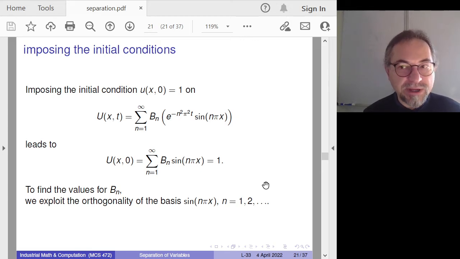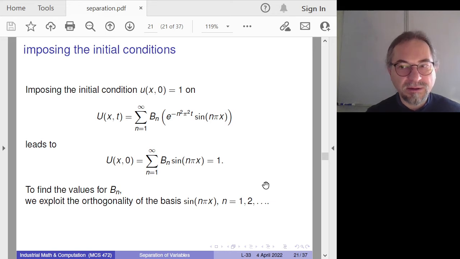So we have now reduced our partial differential equation to a problem for representing data. So we are coming back to a problem that is quite familiar to us.